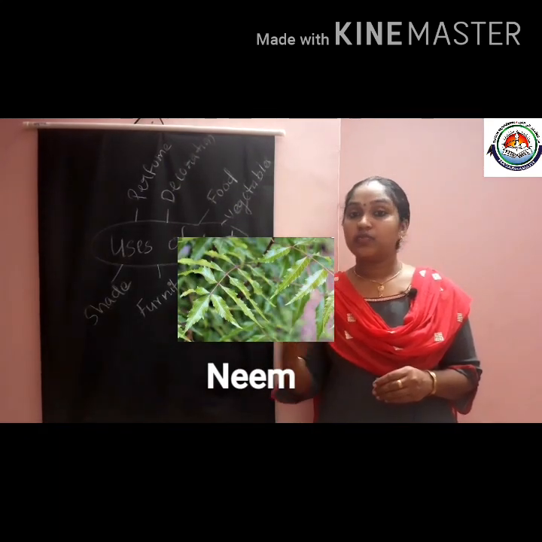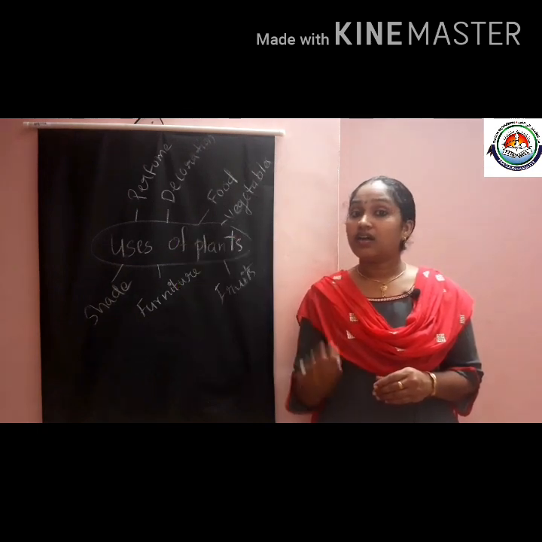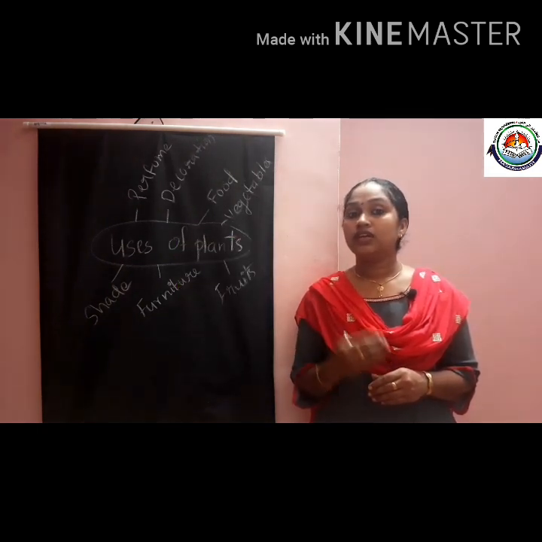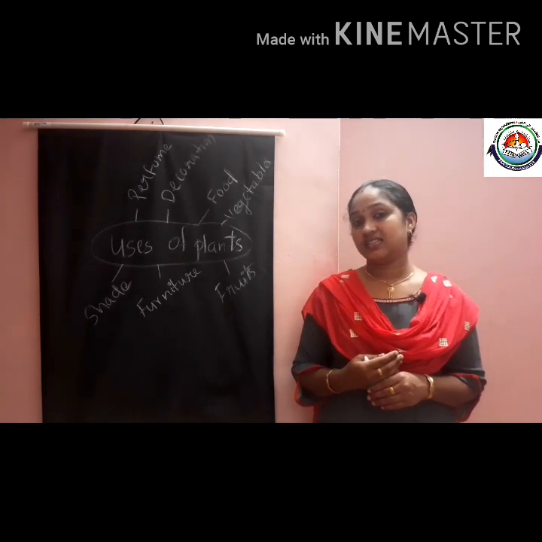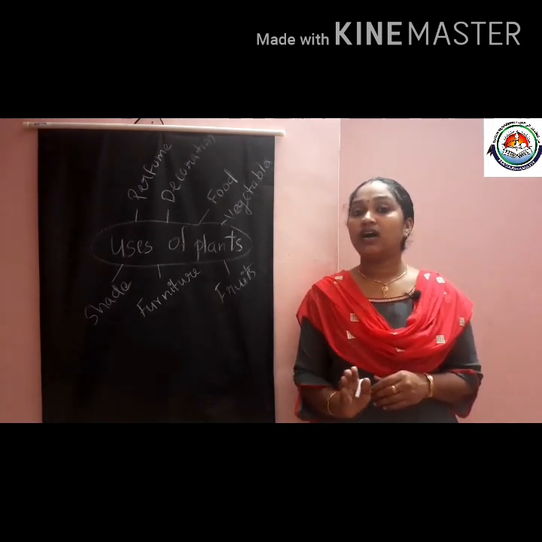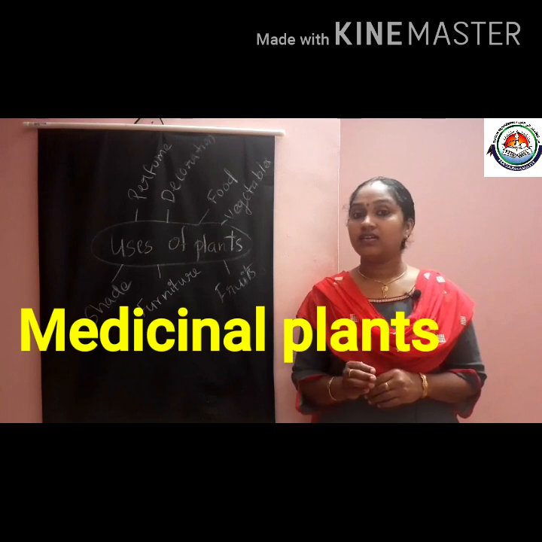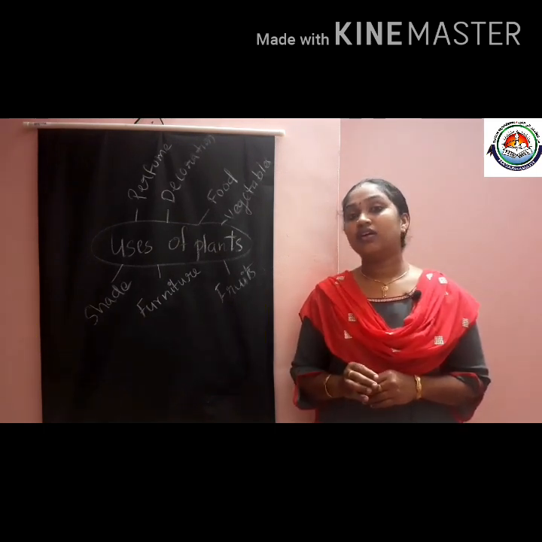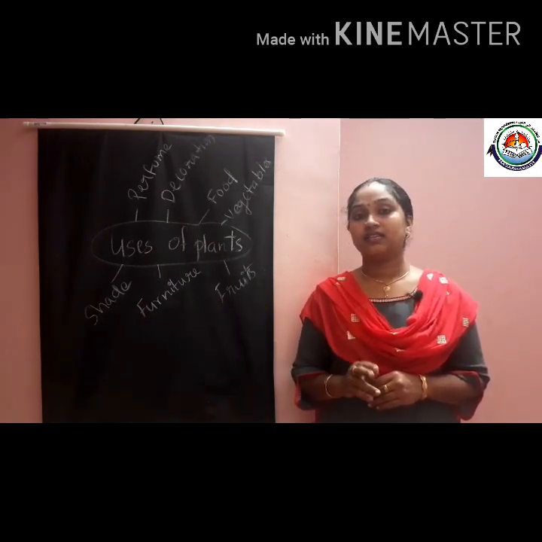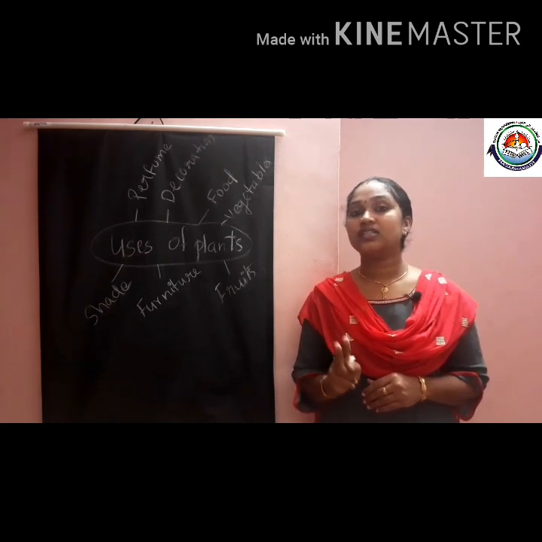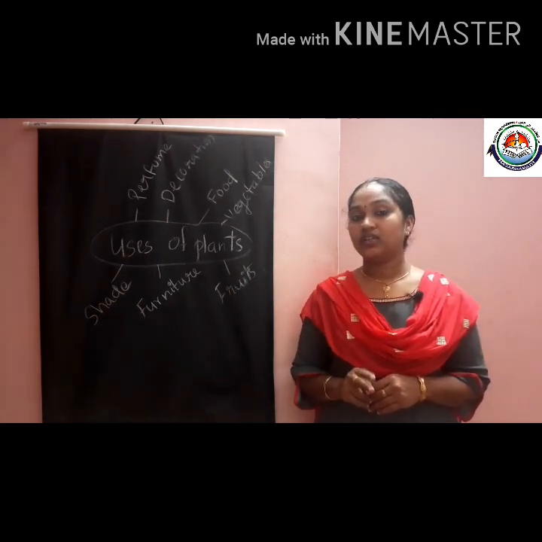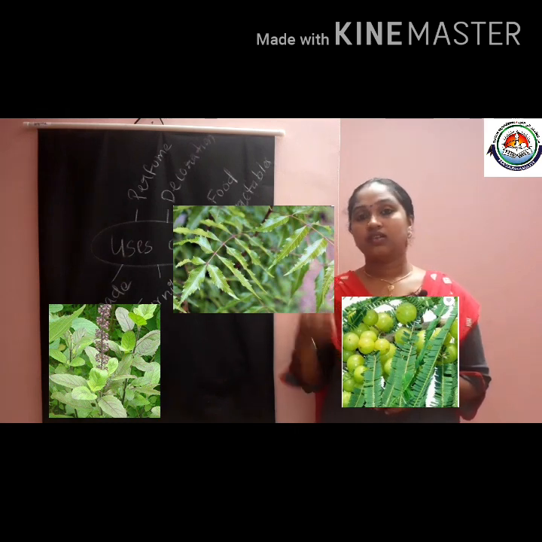Yes, these plants are very helpful to cure mild diseases. So these both are medicinal plants. They have the capacity to cure mild diseases. So these two are known as medicinal plants. Okay, tulsi, neem, and amla are all medicinal plants.